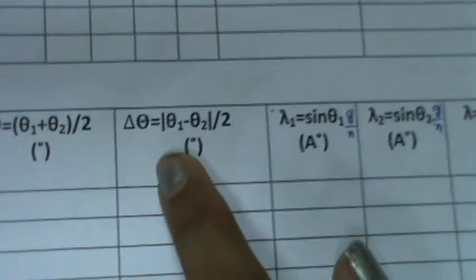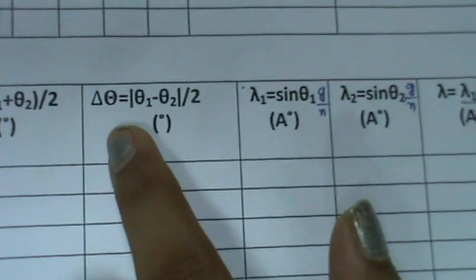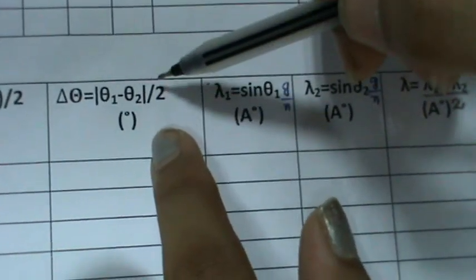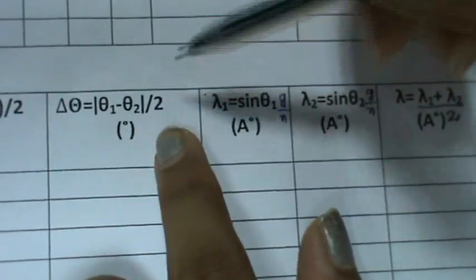Then we will calculate the error in theta, that is theta 1 minus theta 2 divided by 2. Then we will calculate individually the wavelength of each spectral line from the formula we mentioned earlier, that is G sin theta equals plus or minus n lambda.